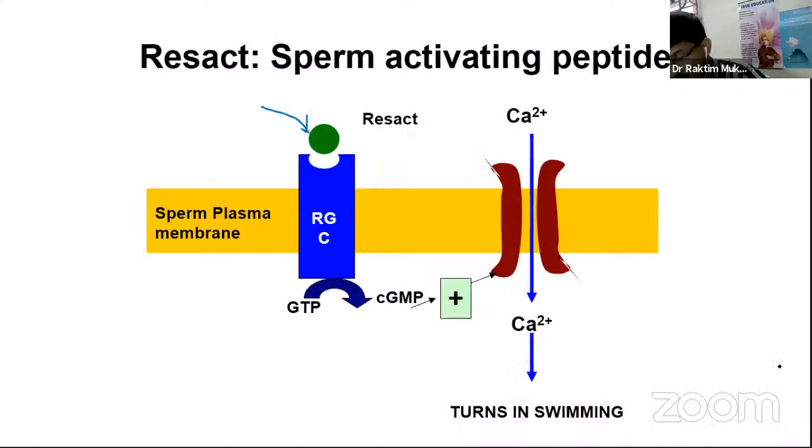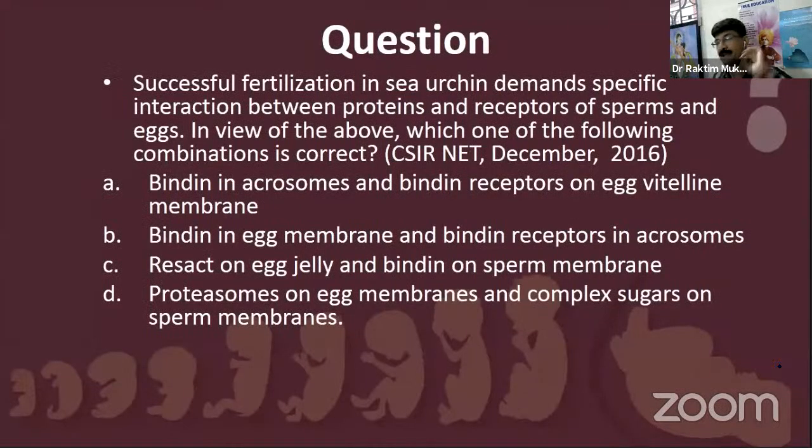Now let's have some questions based on the background of the last 10 to 15 minutes. Successful fertilization in sea urchin demands specific interaction between proteins and receptors of sperm and egg.